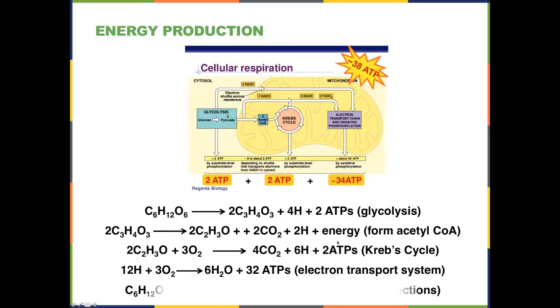So in the entire process, a total of 36 ATPs are formed. Each molecule of glucose results in 36 ATPs, with the consumption of 6 molecules of oxygen, which I haven't shown here, and the production of 6 molecules of carbon dioxide and 6 molecules of water.